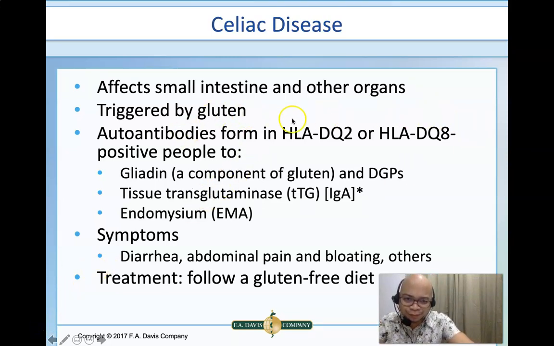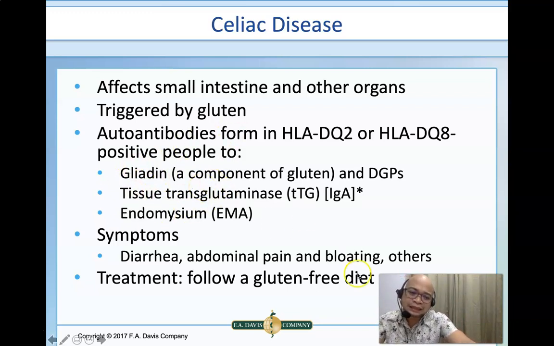People who are positive for these factors are predisposed to celiac disease, especially if antibodies are formed against gliadin, tissue transglutaminase, and endomysium.